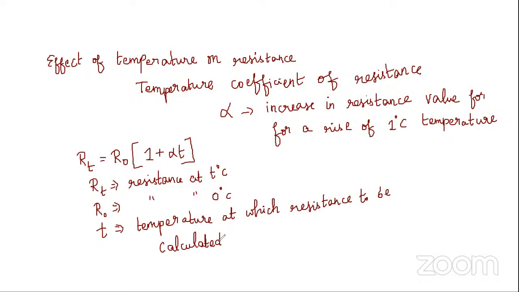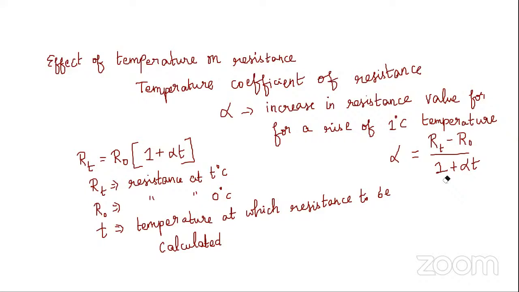And how will you calculate the alpha value? When you don't know the alpha value, what you can do is use this relation: alpha equal to (RT minus R0) divided by R0 into T. Okay, from the equation RT equal to R0 (1 plus alpha T), you can derive this equation for alpha.